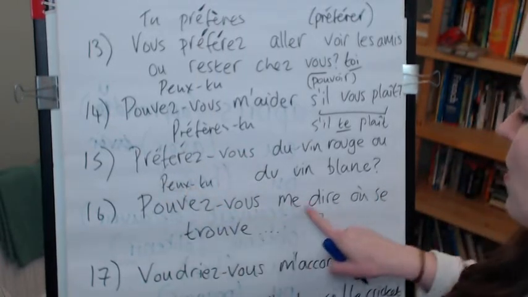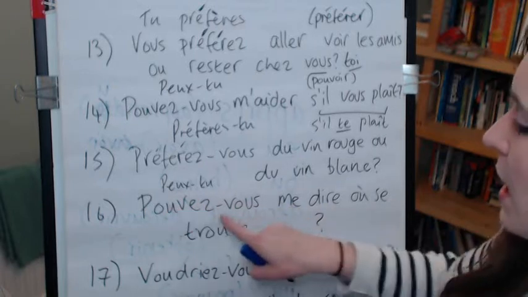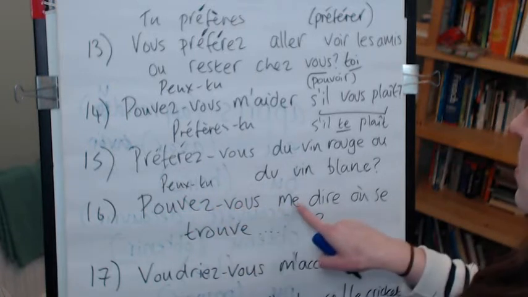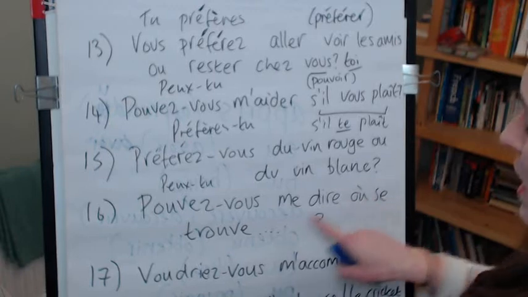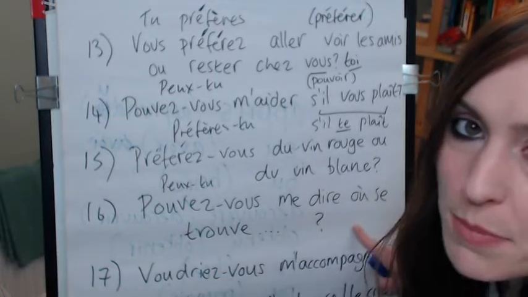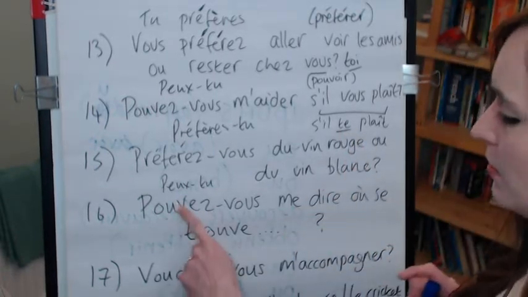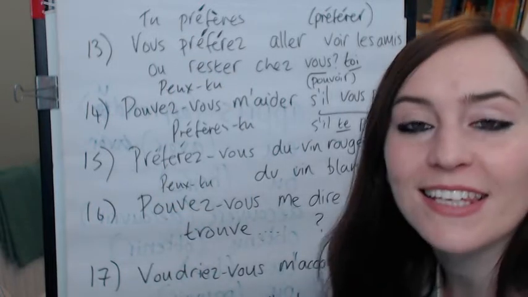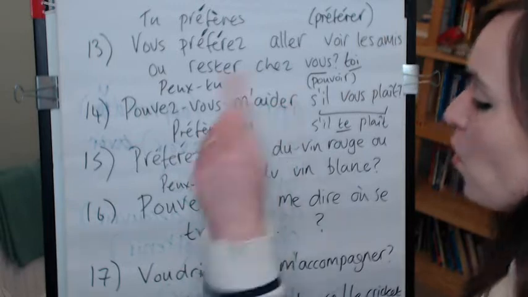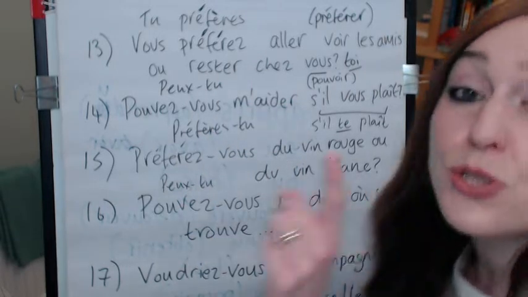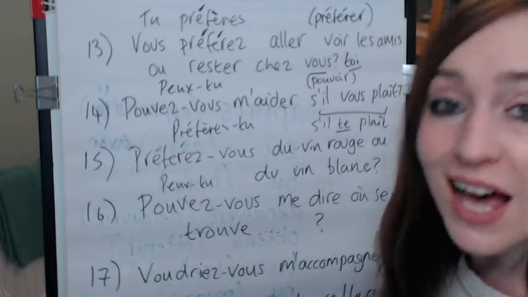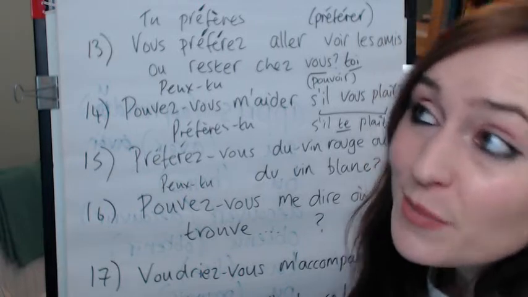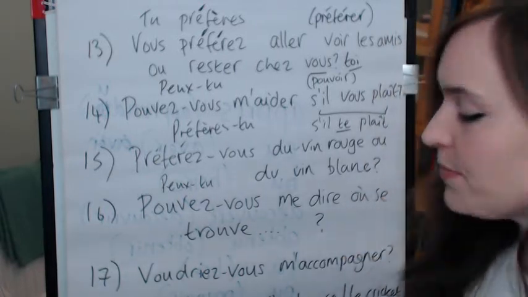Can you tell me where can be found? For example, excusez-moi, pouvez-vous me dire où se trouve la bibliothèque? Oui. Peux-tu me dire, s'il te plaît, où se trouve la gare? Can you tell me, please, where the station is?